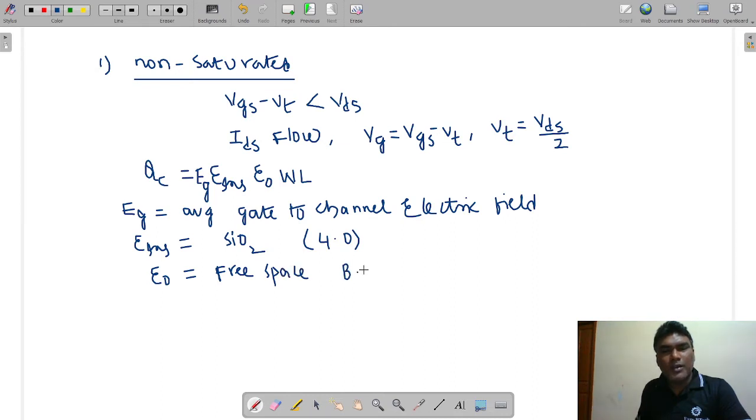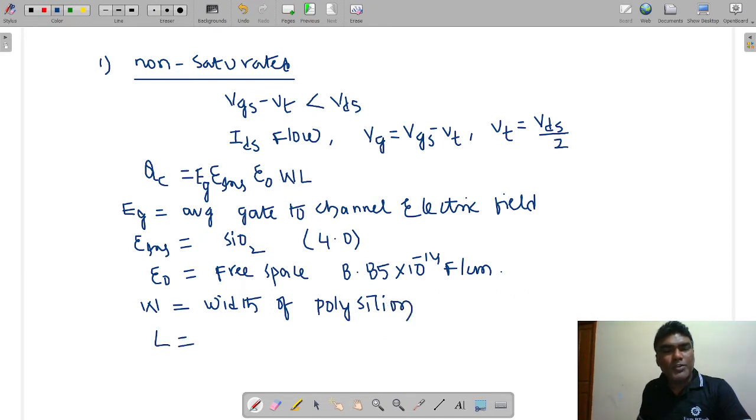The value is 8.85 into 10 power minus 14 farads per centimeter. W is the width of polysilicon. L is the length of the channel between source and drain terminals.